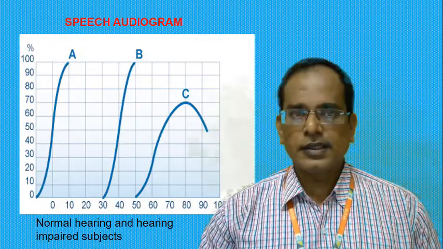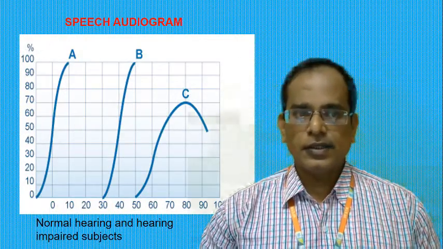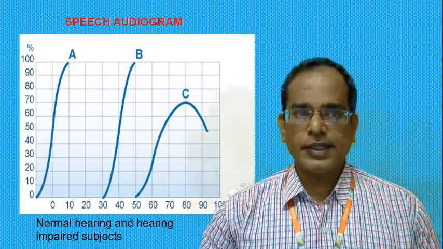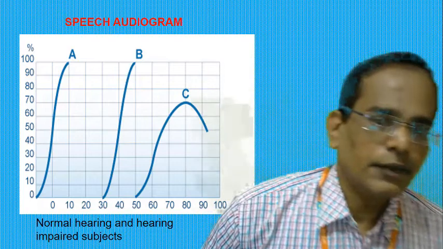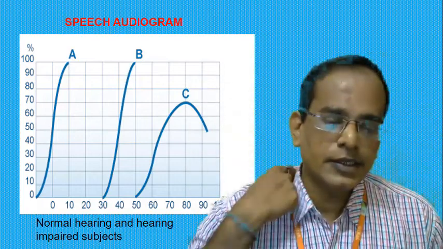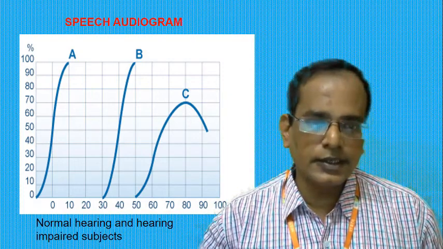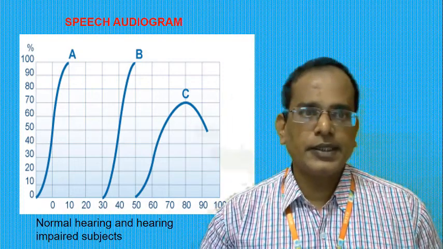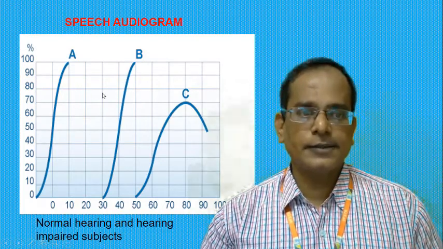Now we will discuss the speech audiogram you are seeing here. The sound level in dB is given on the x-axis, and the percentage of response is given on the y-axis.